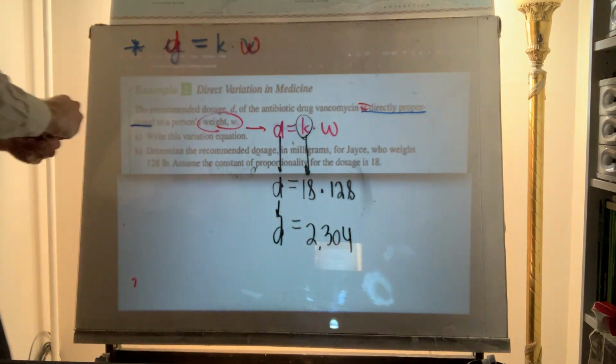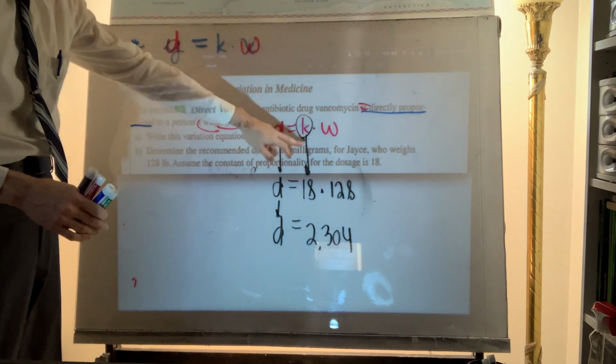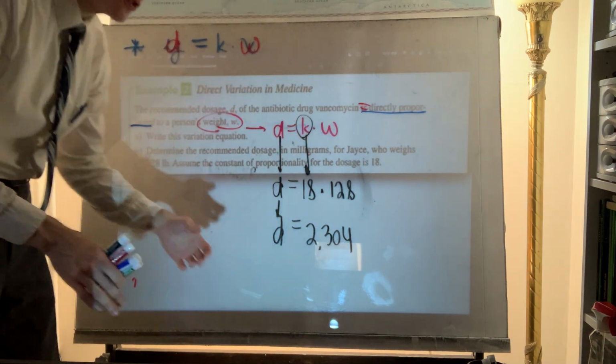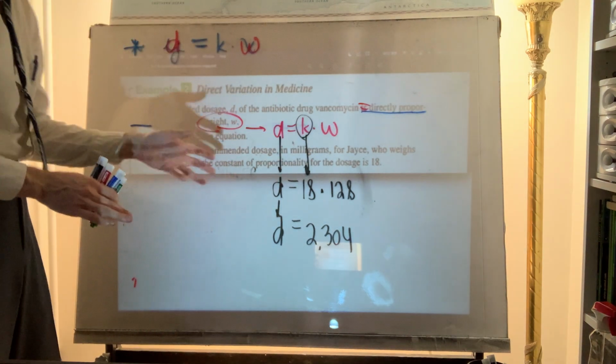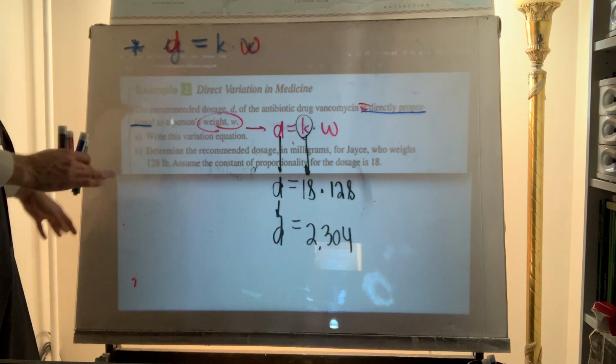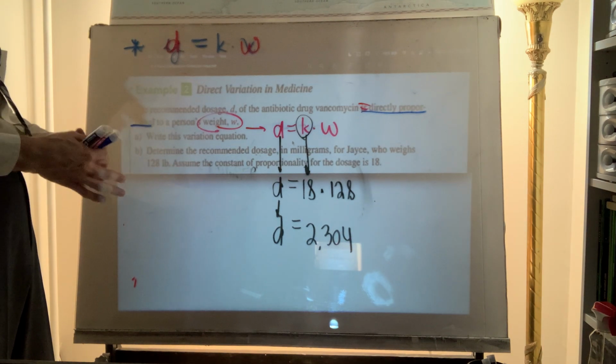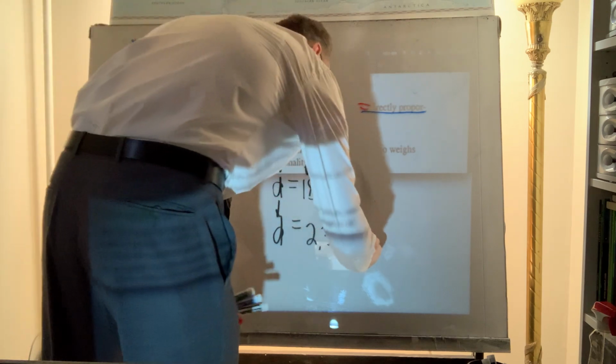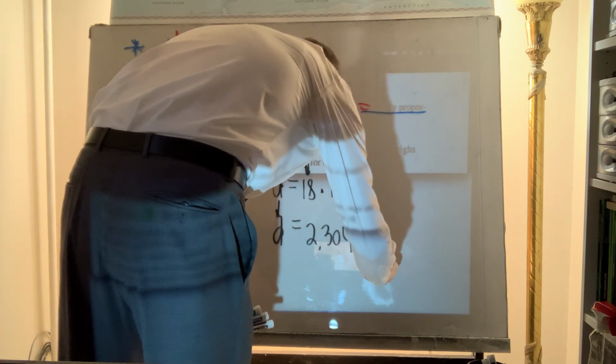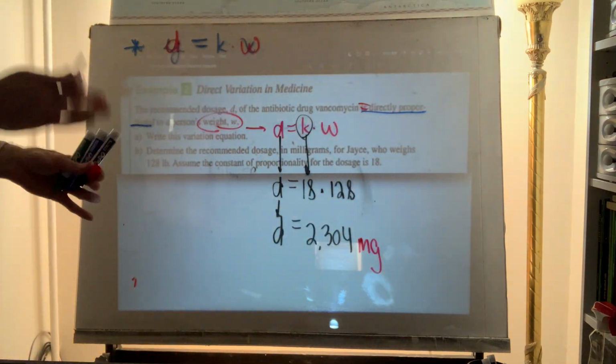Now, they did tell you to determine the recommended dosage in milligrams. Because they haven't given you any other information, this is not meant to throw you at all. One can assume that this is in fact 2,304 milligrams, and you're done.